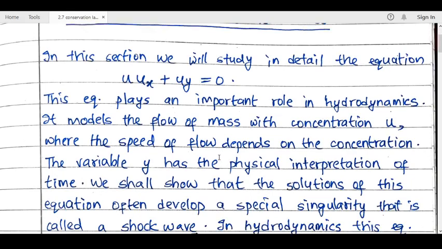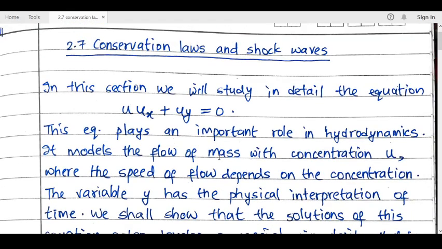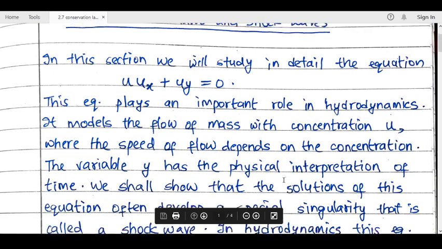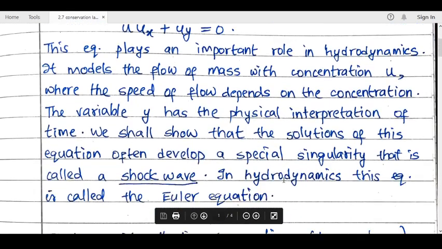Now the thing is that we may not always get a smooth solution for this equation, and in this section we will see how to extend our problem when the solution is not smooth. The solution may develop some type of singularity, which are also called shock waves.